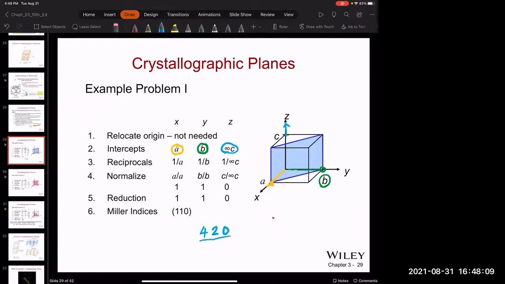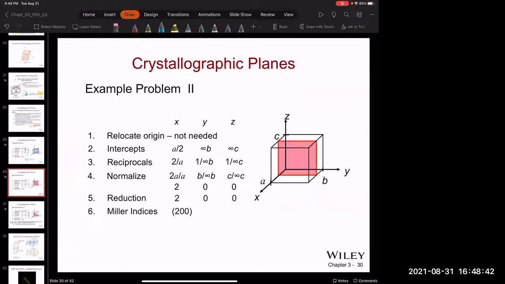If you divide by 2, I will get 210, and 210 is still going to be the same as 420, but we don't use 420, we use 210. And then we put the parentheses to represent this is a plane. Now, in this case, because it's 110, there's nothing you need to divide with because it's already the simplest one. So you use the 1 1 0. So that is the plane.